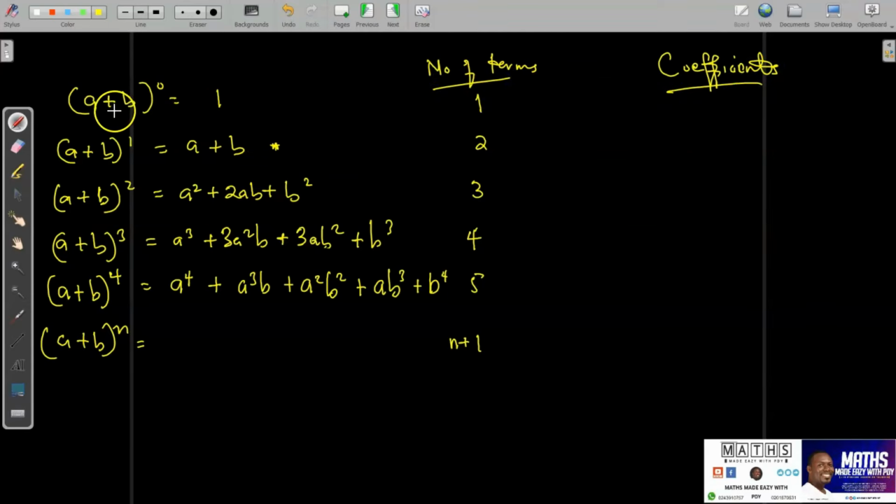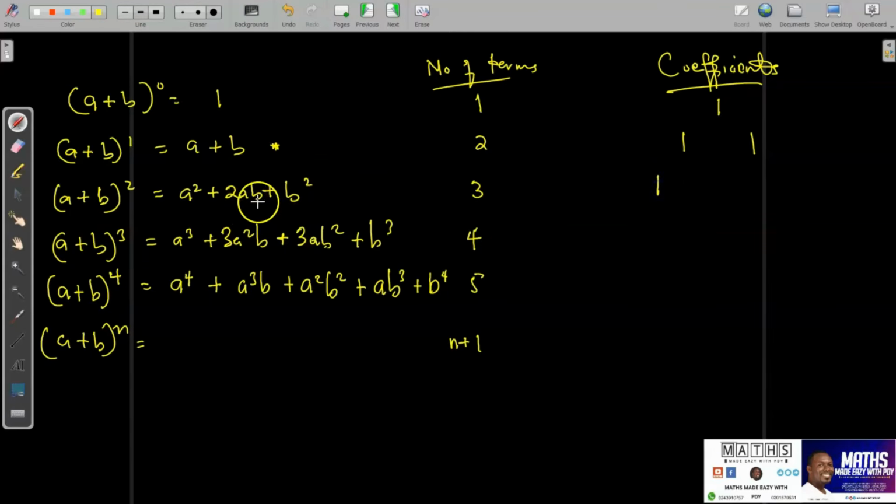Now for the expansion of a plus b to the power 0, we had only one coefficient, which is 1. For the expansion of a plus b, the coefficient of a is 1. The coefficient of b is also 1. For the expansion of a plus b all squared, the coefficient of a squared is what? 1.